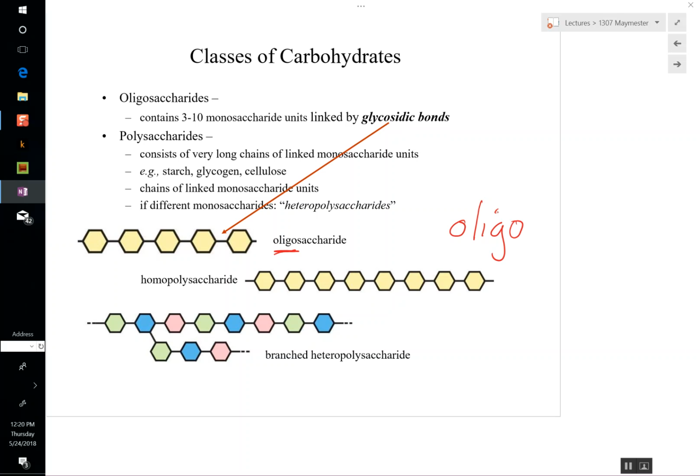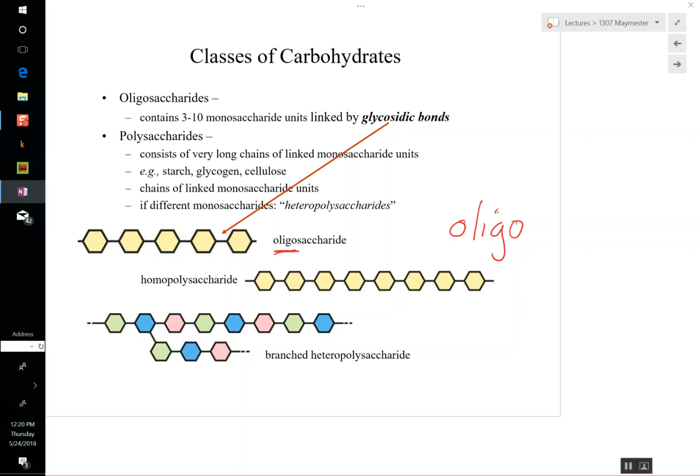An oligomer is between 1 or 2, and many. So we would use oligo when there's 3 to 10 units. We would say it's an oligosaccharide. And actually this is coming up in news articles that you see.